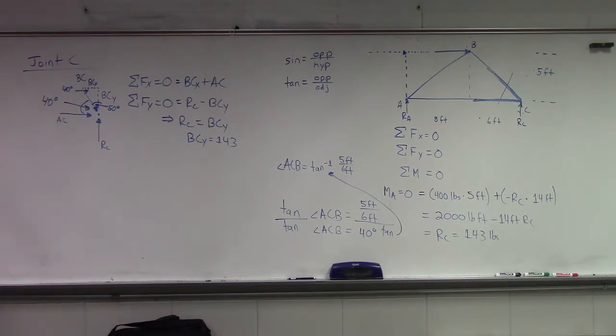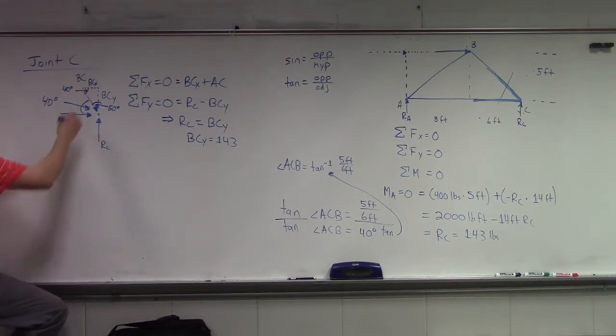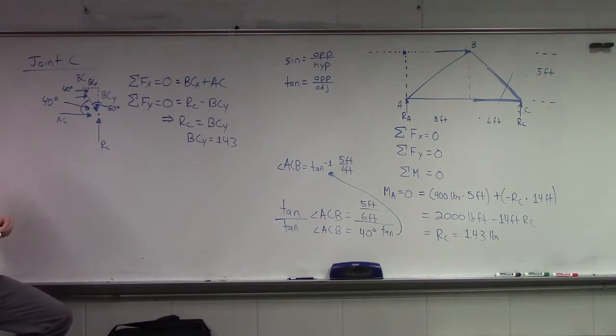You use cosine to find the magnitude of the BC. Is cosine what you would use here? Where's your hypotenuse located? It's the line of BC. This would be your hypotenuse, right? Yep. So what would we need to use?